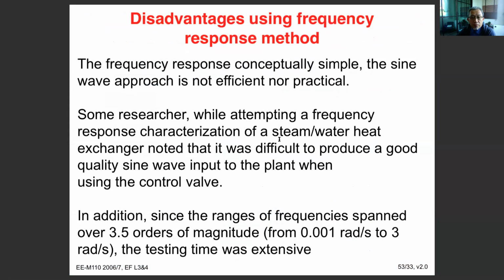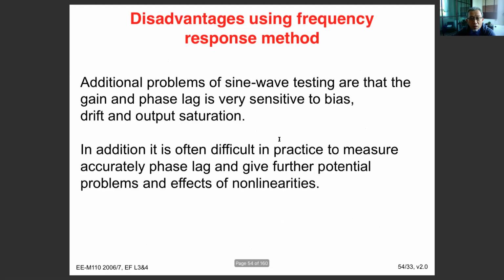Right, so the frequency response is conceptually simple. The sine wave approach is not efficient for non-practical cases, but some researchers, while attempting a frequency response characterization for some systems, find it difficult to produce a good quality sine wave, especially when the plant uses a control valve. In addition to that, since the range of frequency spans over 3.5 orders of magnitude, 0.001 to 3 radians per second, the testing time was extensive, quite long.